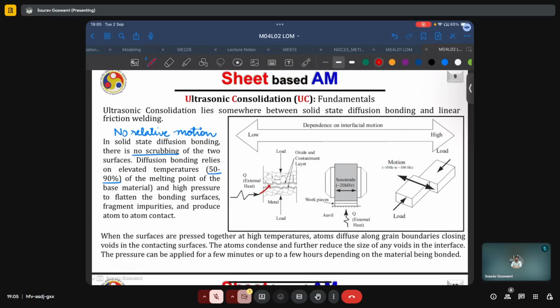When the surfaces are pressed together at high pressures, atoms will diffuse along the grain boundaries, closing voids in the contacting surfaces. The atoms condense and further reduce the size of any voids in the interface.